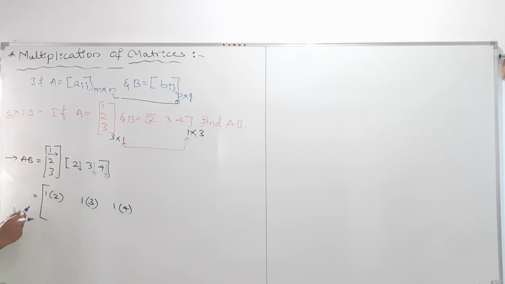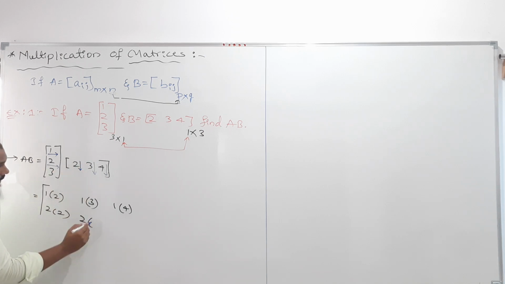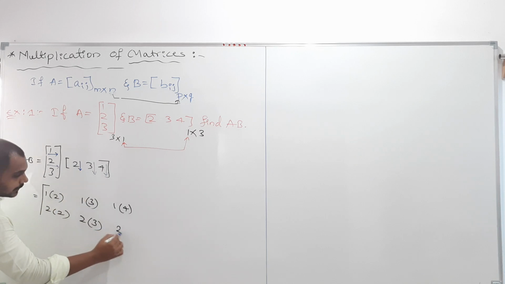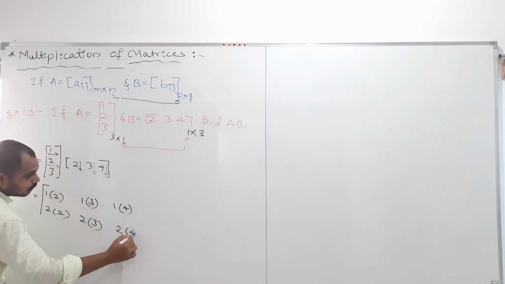Like this you should multiply row into column. Next, my dear friends, second row, first column, that is 2 into 2. Second row, second column, 2 into 3. Next, second row, third column, 2 into 4.